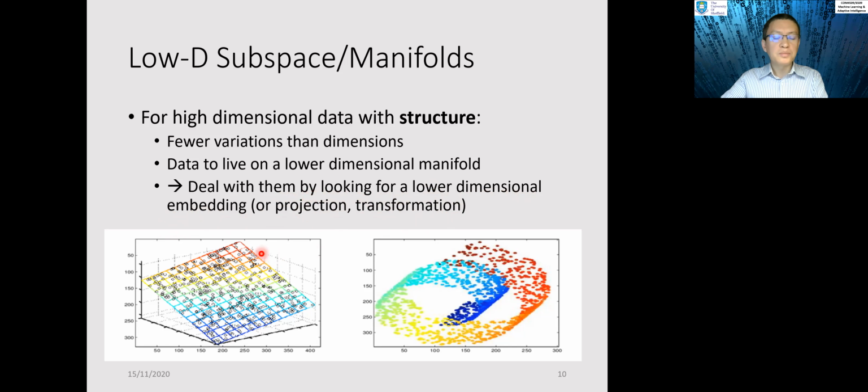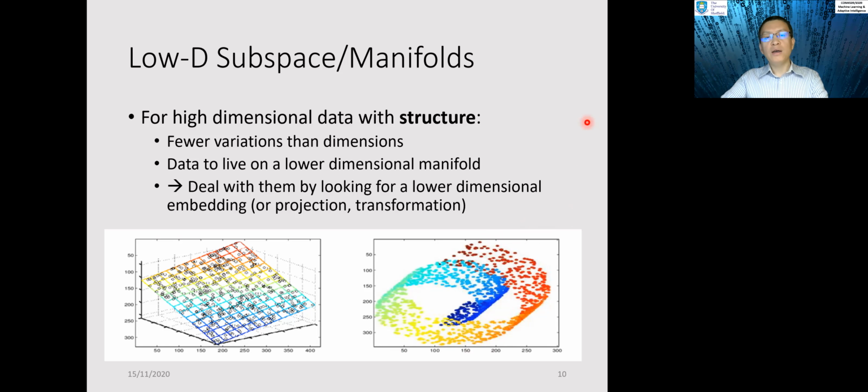For example, a set of 3D data points may just lie on a 2D plane, and more complicated data may lie on a single manifold, like this Swiss roll data set.